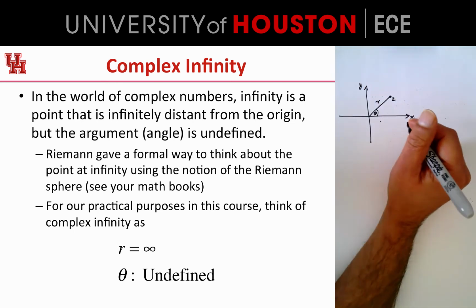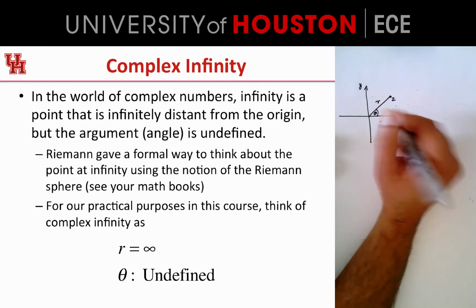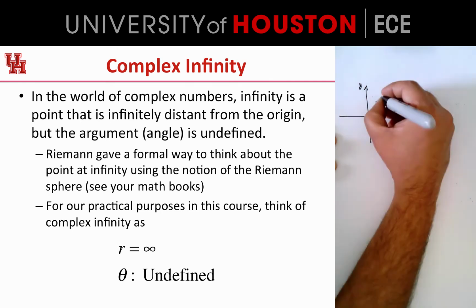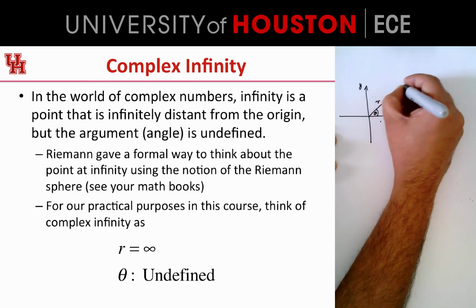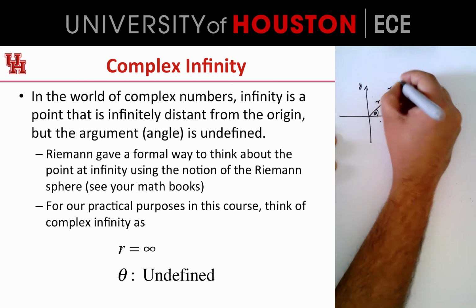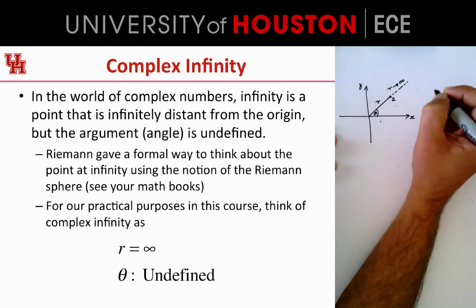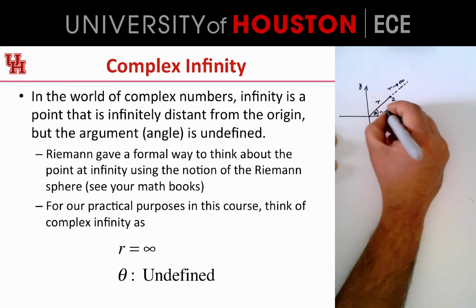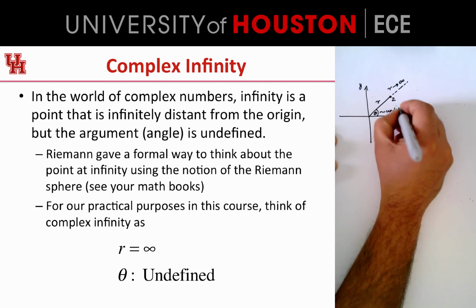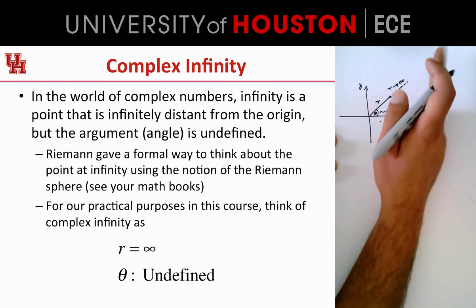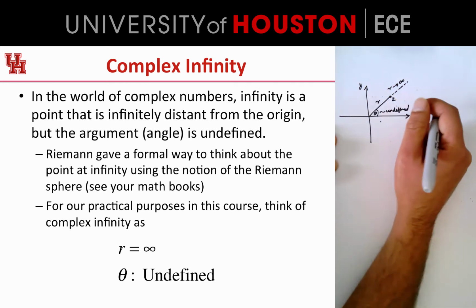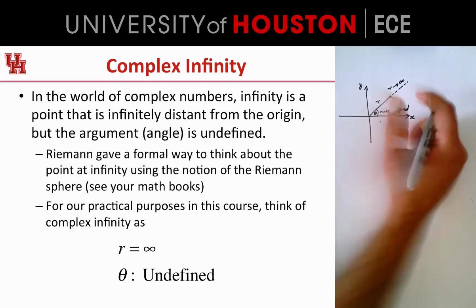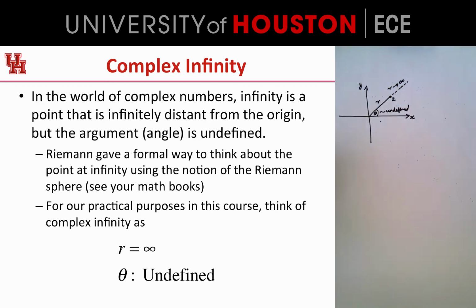But for our practical purposes, think of infinity as a point for which r tends to infinity. But then just like for 0, the theta is undefined, right? So a point at infinity is just far away from the origin, basically. That's one simple-minded way to think about it, just for the purposes of this class.